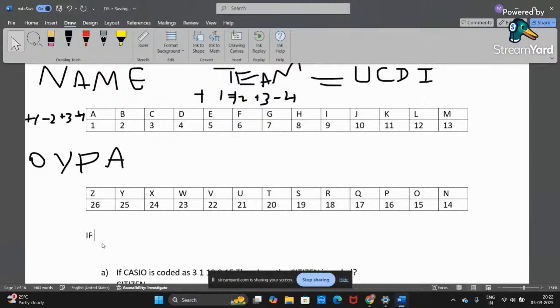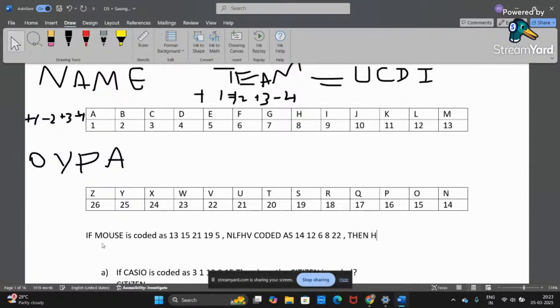If mouse is coded as 13, 15, 21, 19, 5, then the next word N, L, F, H, V is coded as 14, 12, 6, 8, 22.